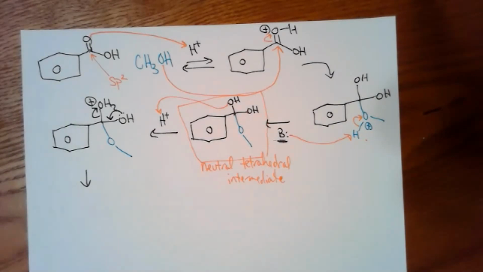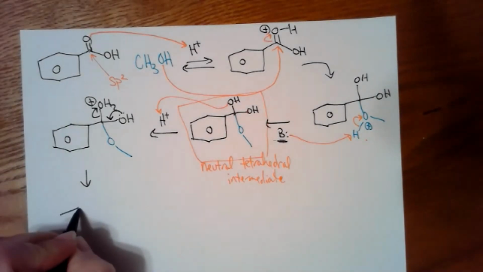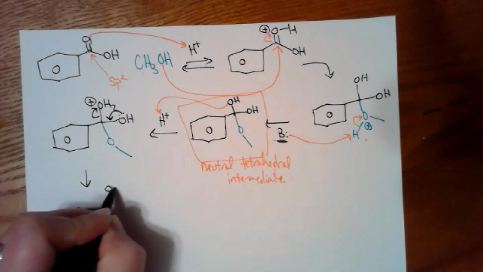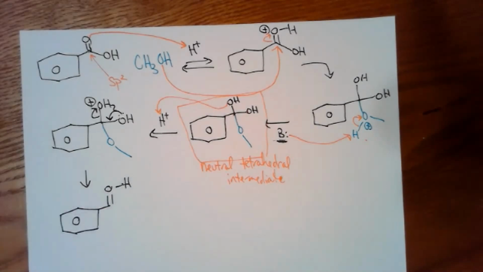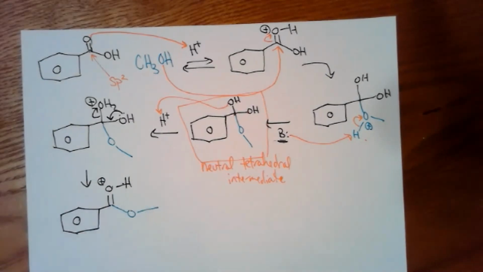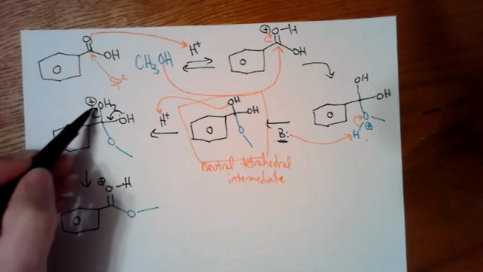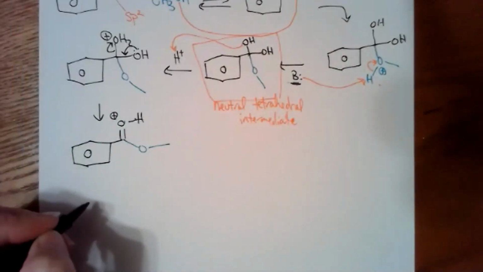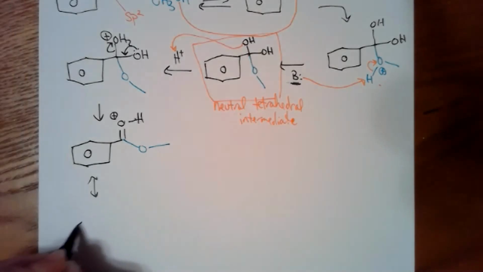Is it wrong to let it leave, make a carbocation? Absolutely not. The deal is what we're making here and the carbocation that I'm talking about are resonances of each other.